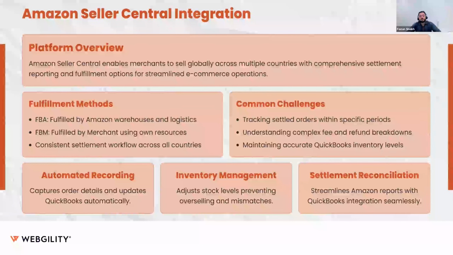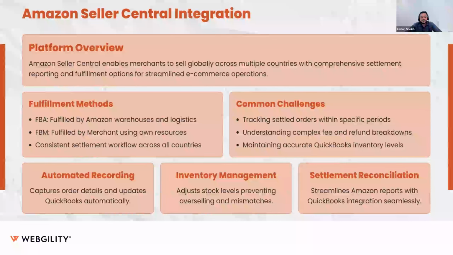Once the settlement report is posted, the balance in the Amazon clearing account matches your Amazon deposit. Finally, for reconciliation simplicity, we make a transfer entry from the Amazon clearing account to the checking account. This whole workflow ensures that every Amazon transaction is captured, inventory stays accurate, expenses are tracked properly, and your books are always in sync with the Amazon settlement cycle.